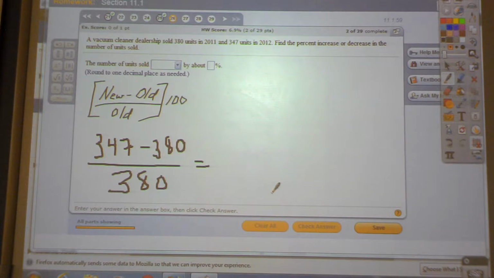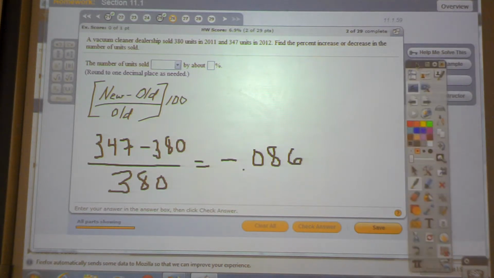What do you get after you multiply by 100? Negative 0.0868. Negative 0.086. I better check because y'all coming up with 15 different things.